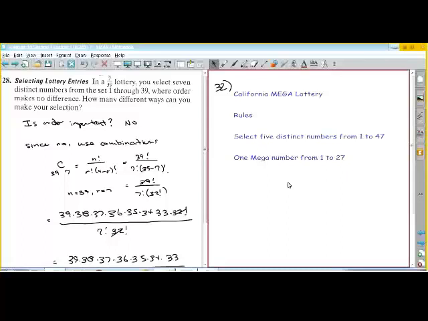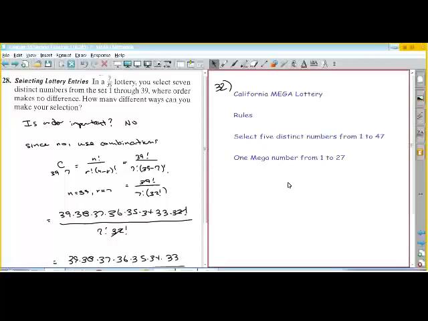The California Mega Lottery, what I'm going to ask you to do is, well, we'll talk about it. We can still do the calculation, it's not that bad. It's basically the same concept, and it's like Powerball, I guess, right? Powerball's similar to that. I'm not sure how many numbers you choose from, but we have two parts. We have the 5 numbers, and then we have the mega number. So these are like 2 steps.